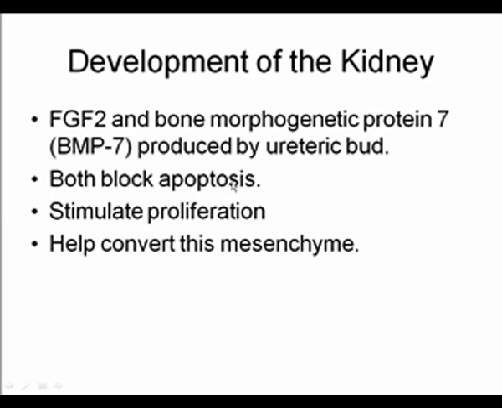One of the things that these do is they block apoptosis or programmed cell death, and they stimulate proliferation. This is important for this mesenchyme to be able to convert. Without these factors, that mesenchyme is going to die.